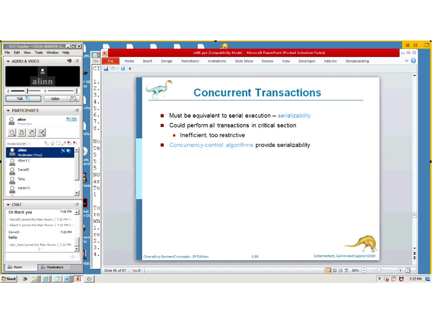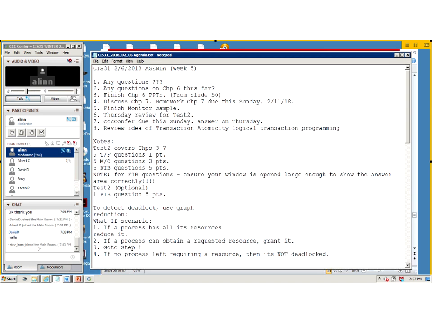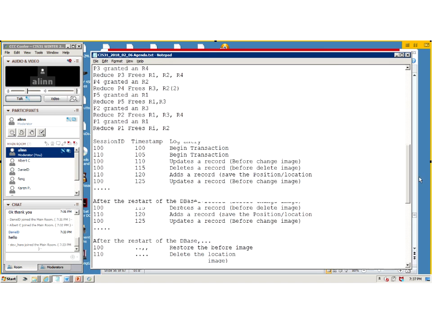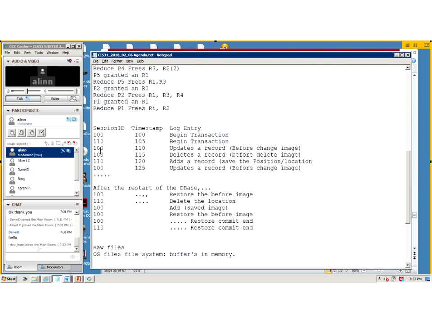When you're dealing with multiple transactions, you've got to somehow serialize them so that you get them correct. For example, this is a good spot to come to the example. You have two sessions running concurrently. So you have session IDs like 100 and 110.